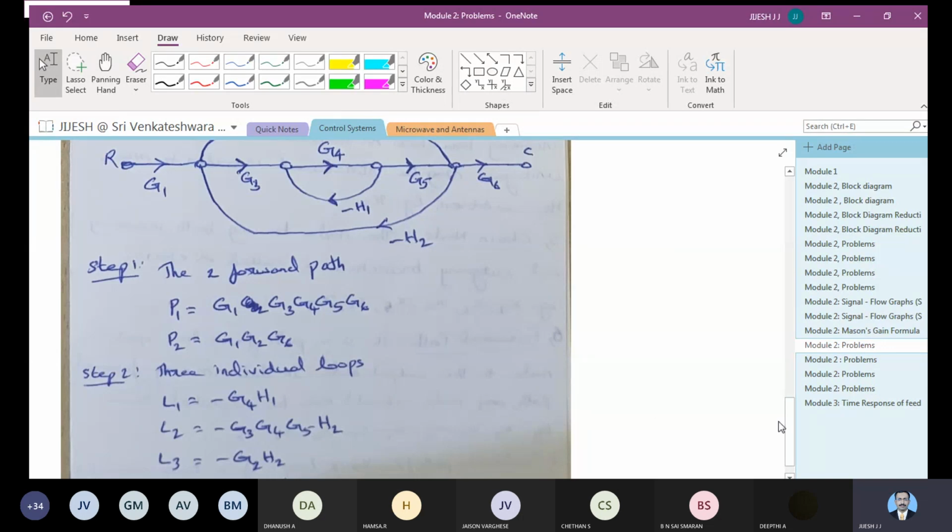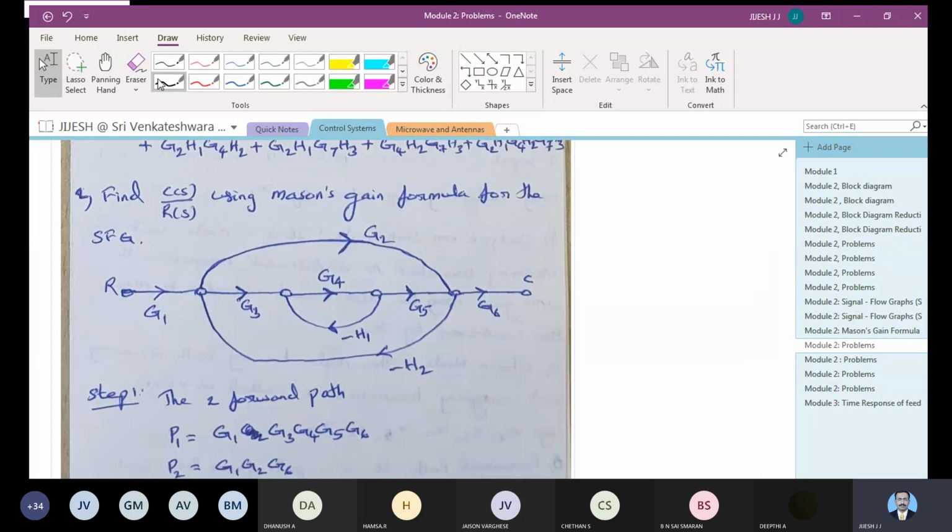One thing I will say clearly to all of you is that this arrow mark is very important. While coming from the loop, you can't go in this direction, not possible. If the arrow mark is in this direction, you should go in this direction only. So the three possibilities of the loops are: this is one loop, this is another loop, and this is the other loop.